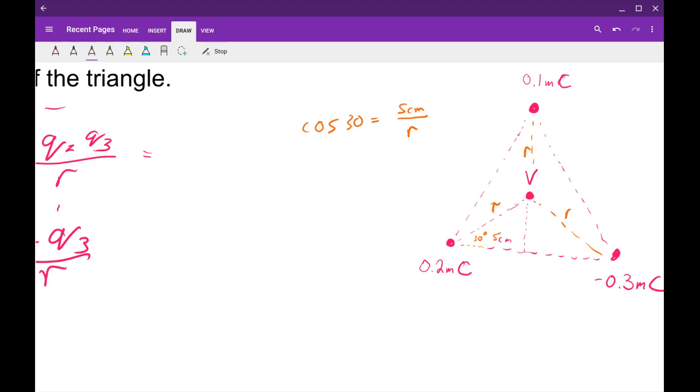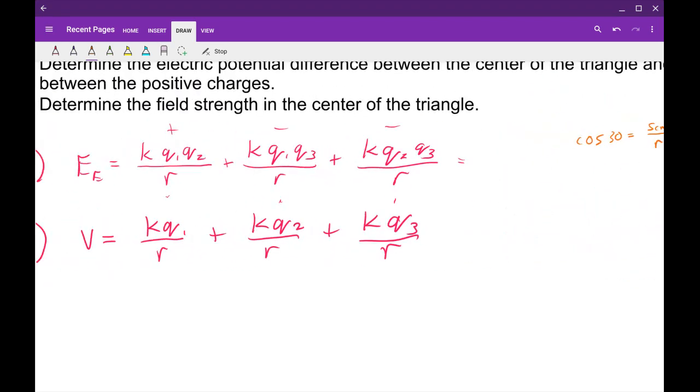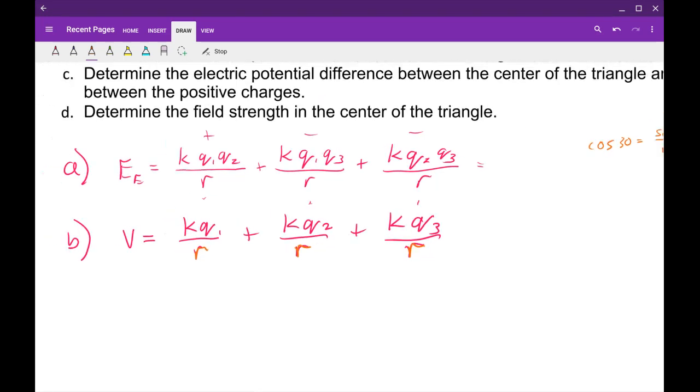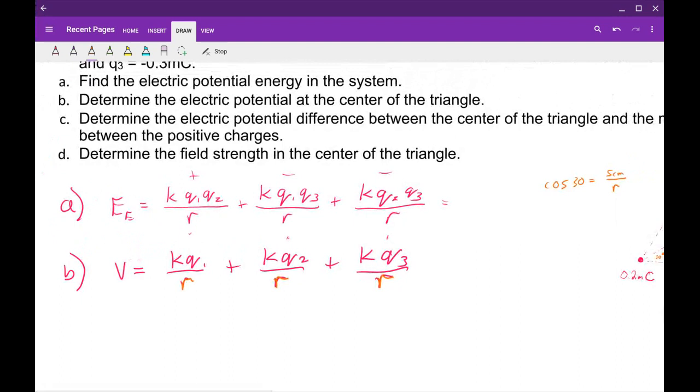This is the R for part B. Now I would just calculate that through, and that would be the electric potential at the center of the triangle.